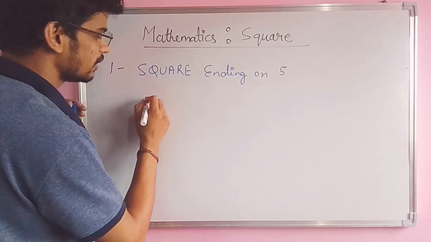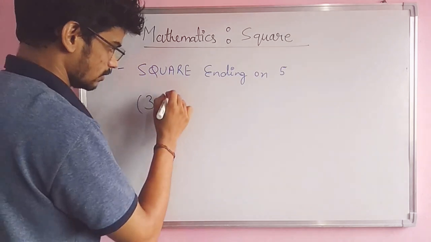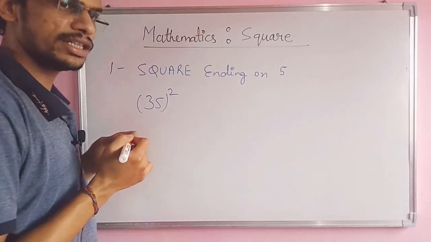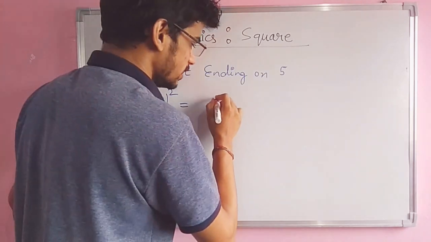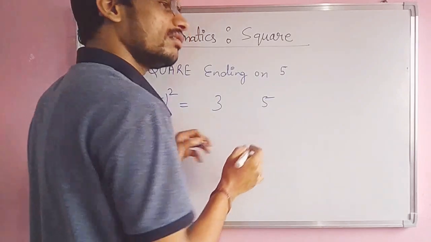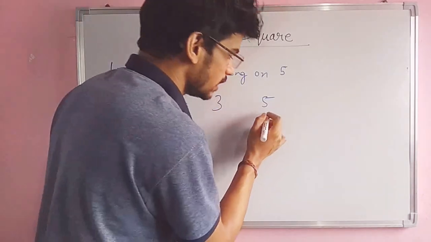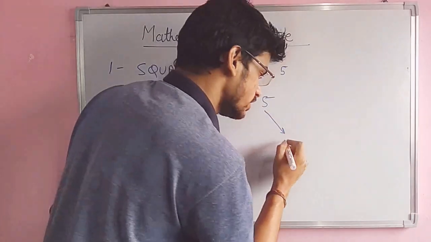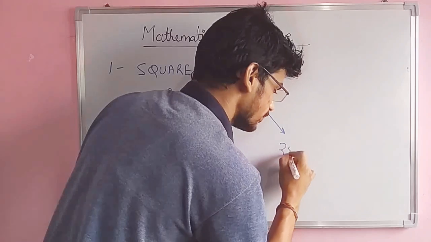If we have the number 35 and we want to calculate the square of 35, let's separate the digits 3 and 5. After separation of the digits, we calculate the square of the last digit, that is 5. The square of 5 is 25.